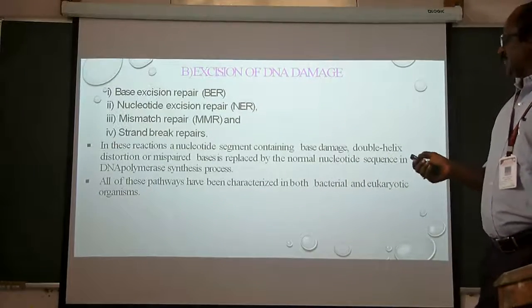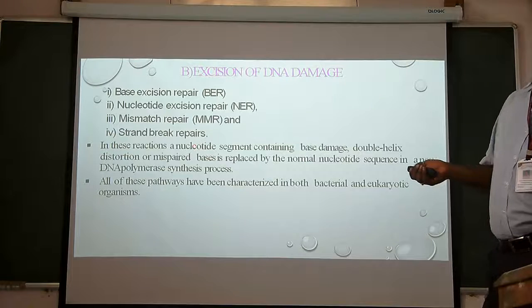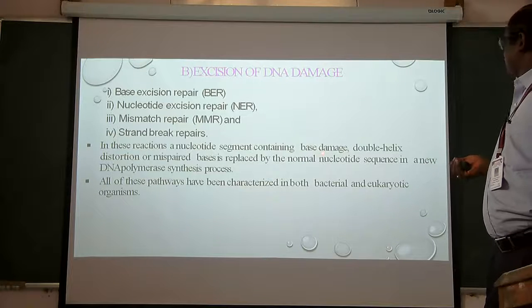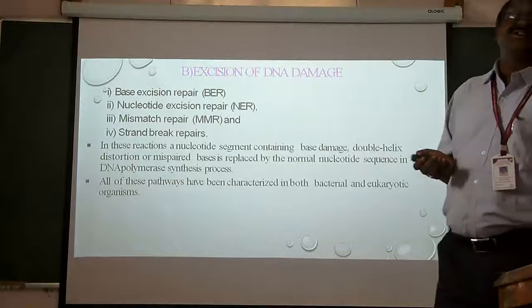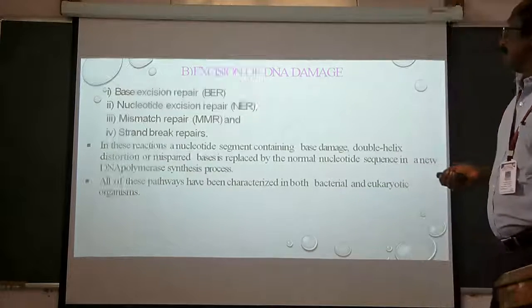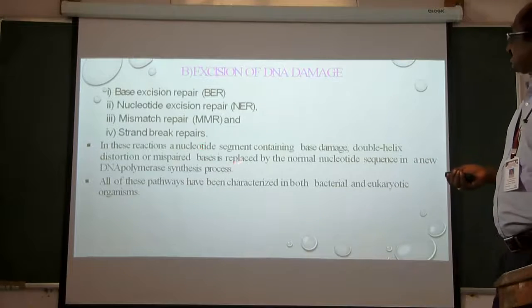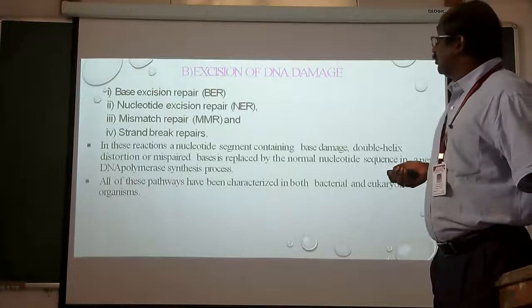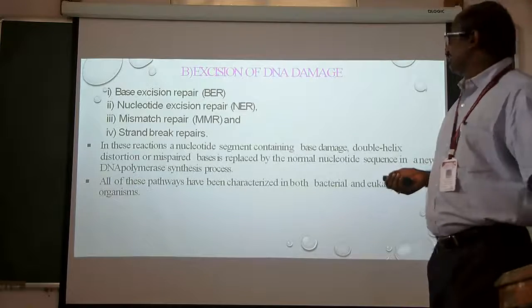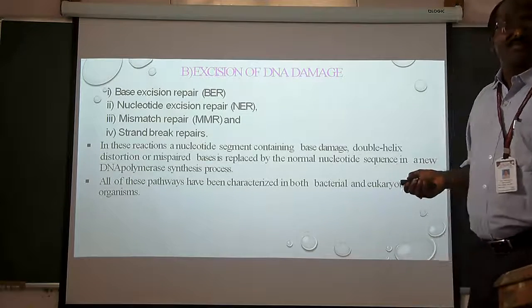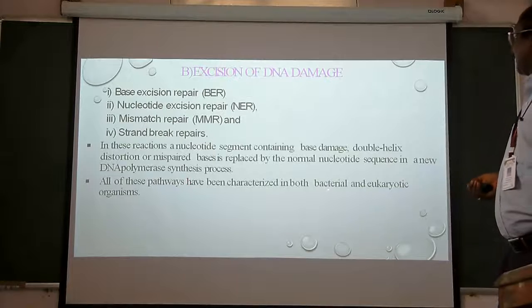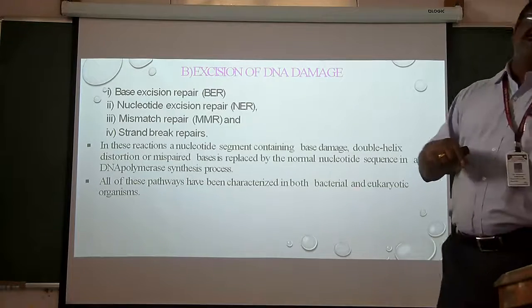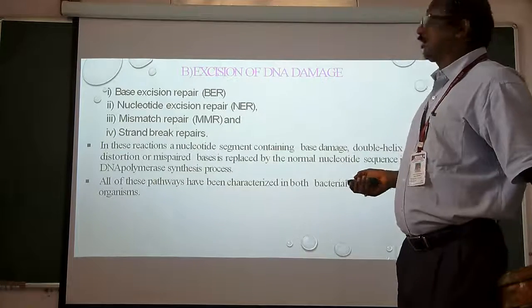In these reactions, nucleotide segments contain base damage, double helix distortions, or are misrepaired. So the bases are replaced by the normal nucleotide sequences in a new DNA polymerase synthesis process. All of these pathways have been characterized in both bacterial cells as well as eukaryotic organisms.